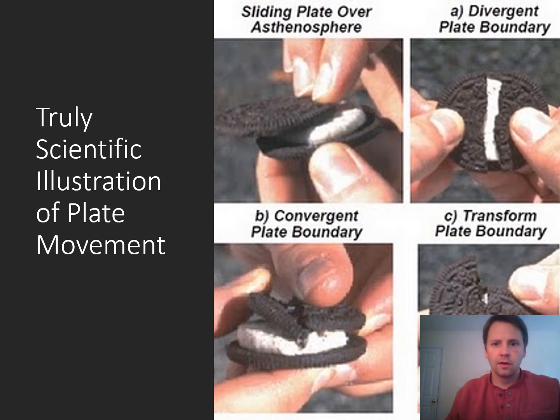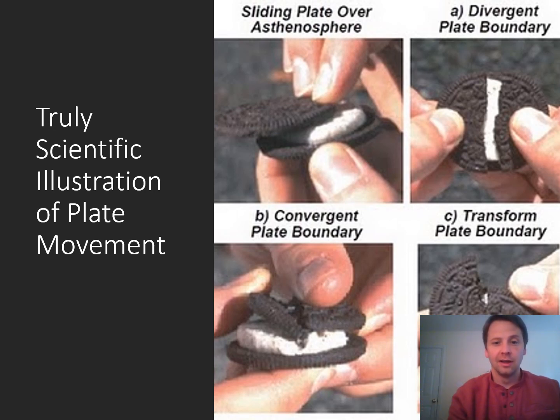All right. No good scientific principle can't be explained using an Oreo cookie, because I love Oreo cookies. So I found this image, thought it was kind of silly. General idea, plates are sliding over your asthenosphere. Asthenosphere presumably is the cream here. Our three different boundary types: divergent plate boundaries are simply separating, so it's the person pulling the cookie apart.